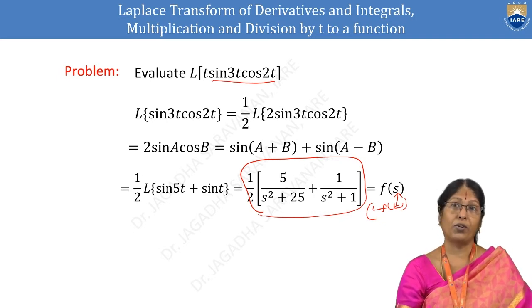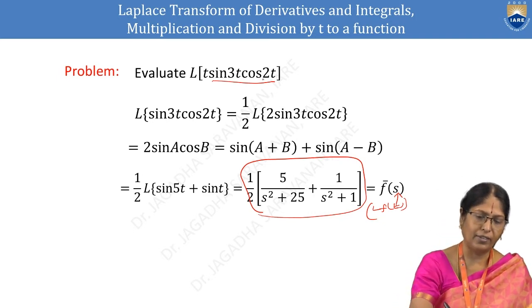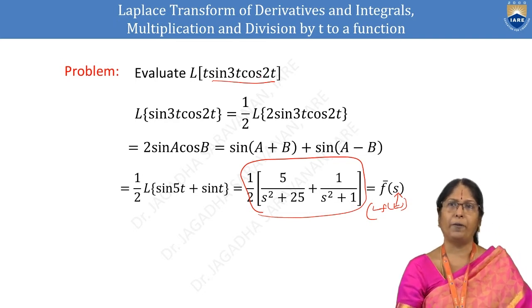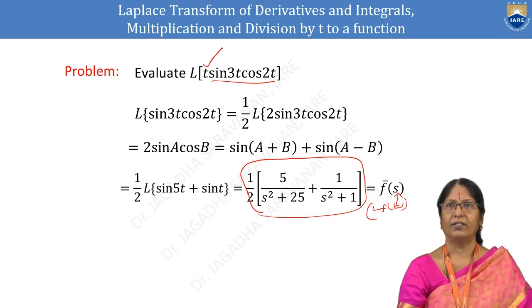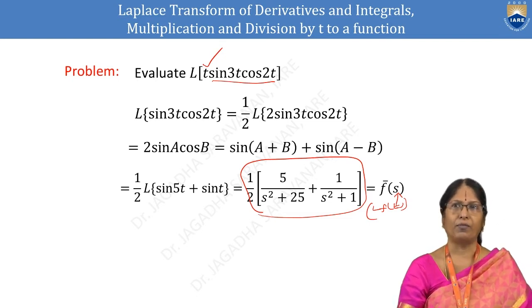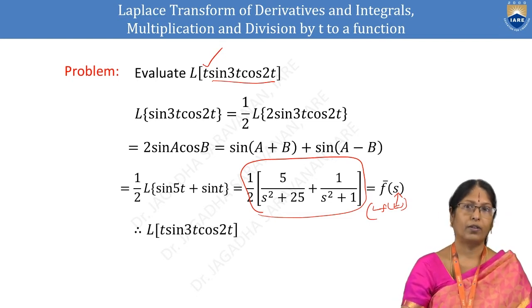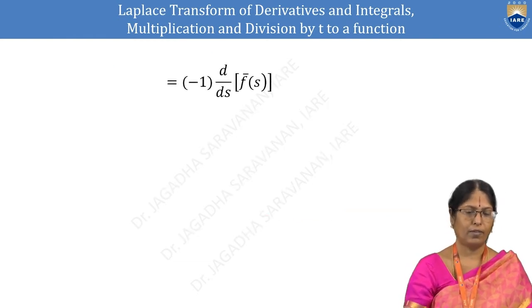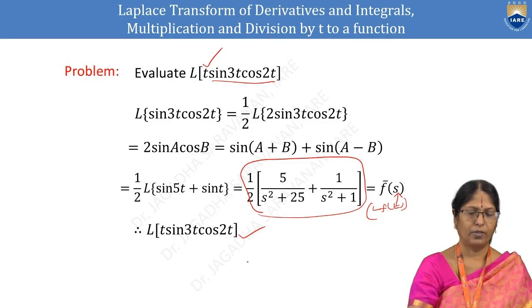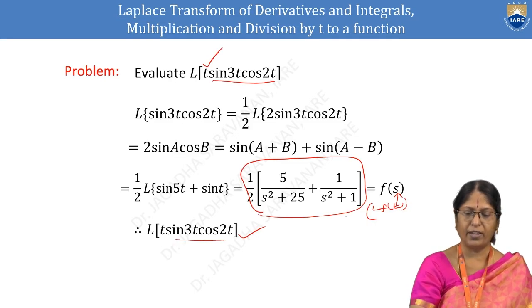But our question is that this sine 3t and cos 2t is multiplied by t, so then we have to go to the next step. So now this entire thing, we got this result.